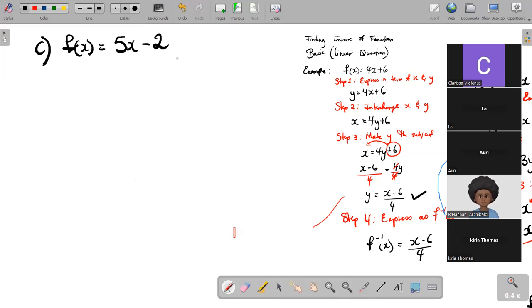Post your answer when you get it, or at least let me know if you're finished, okay?